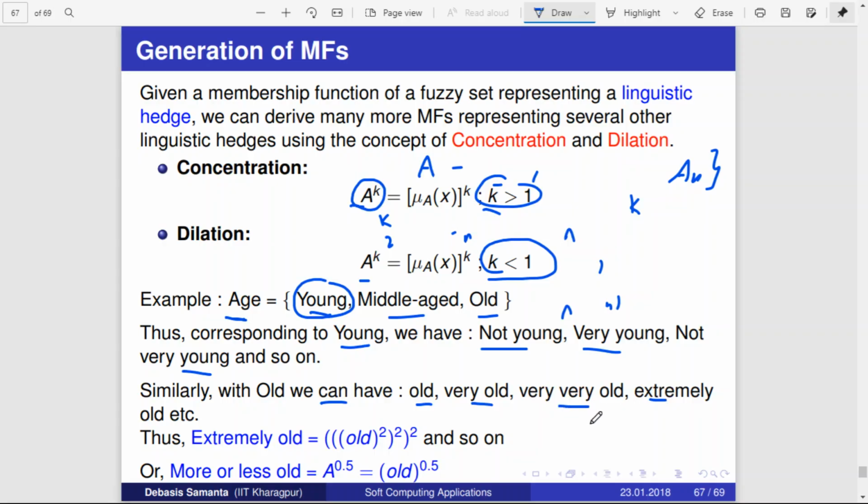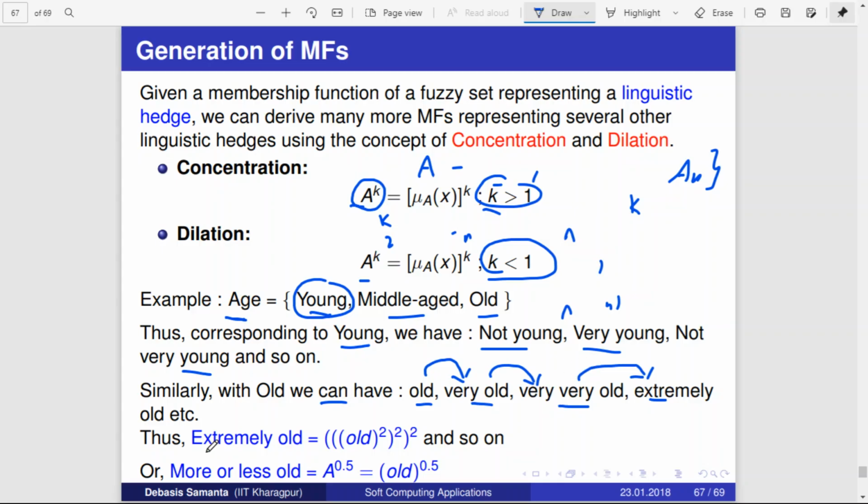Here very old is greater than old, very very old is greater than very old, and extremely old is greater than very very old. Are you getting? So this is called concentration. Moving from one level to the next level is called concentration. Moving from one level to the previous level is called dilation.